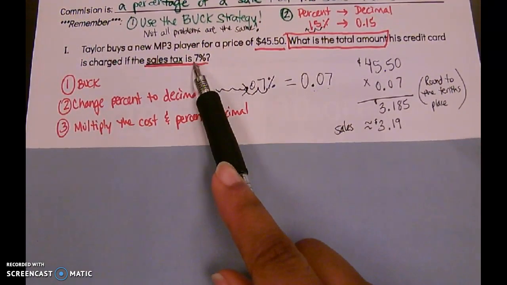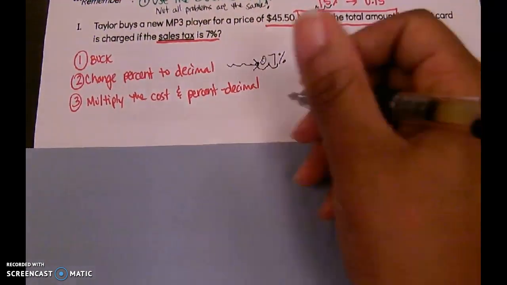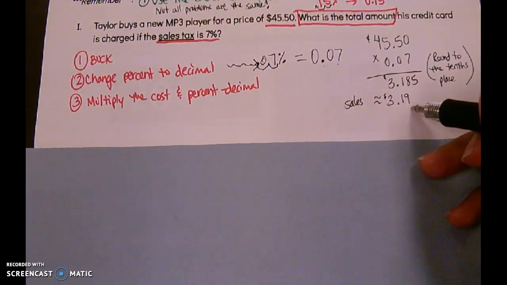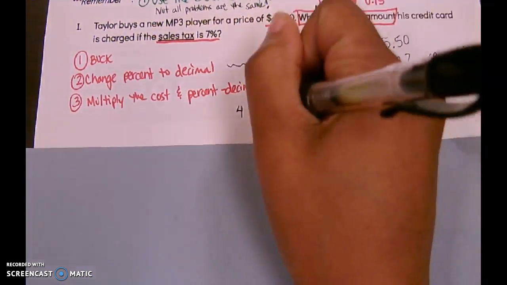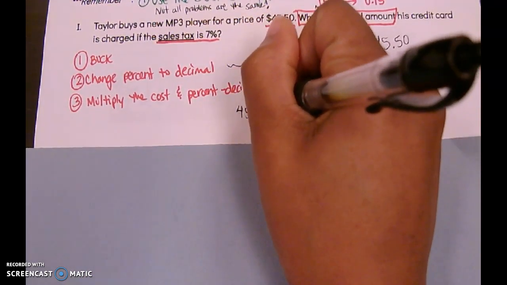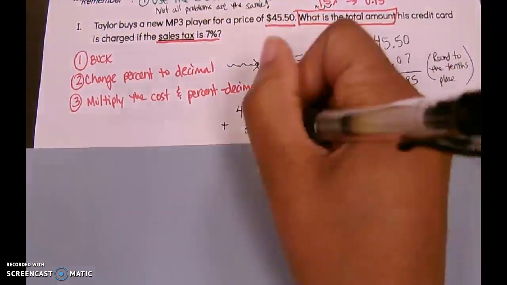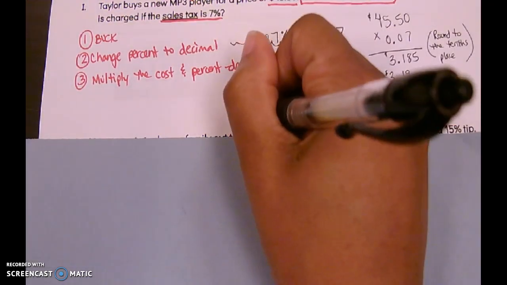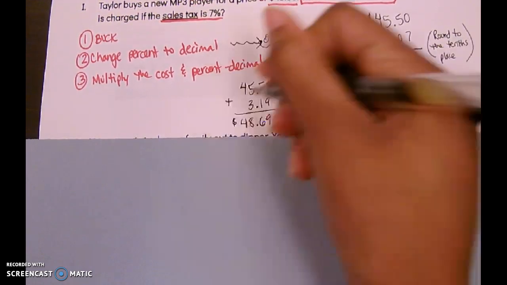including the cost and the sales tax, then the last thing that I'm going to do is add my amount and add the sales tax. So, last thing I'm going to do, 45.50 plus this sales tax amount equals $48.69.